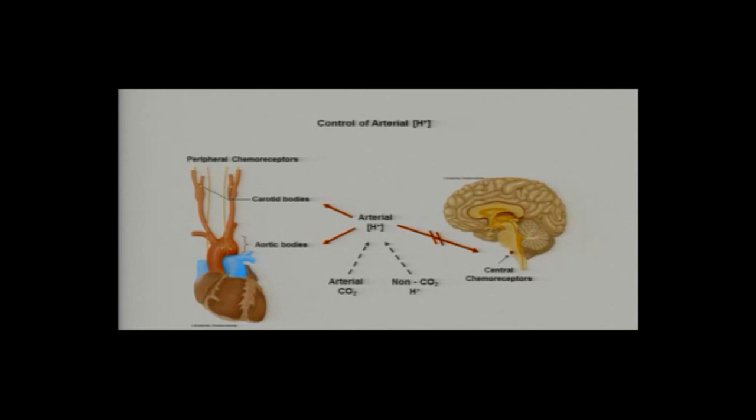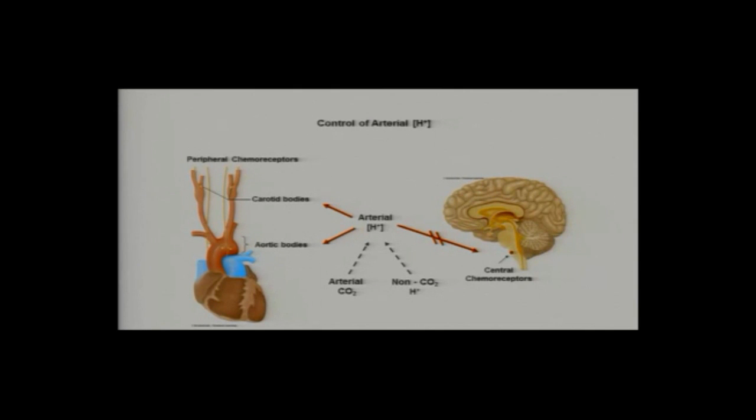So as CO2 levels rise, acidity is going to rise. But the other place that acidity comes from is non-CO2 derived, which is completely lumped into what we call metabolically derived acid. So the overall arterial pH is determined by the level of CO2-derived acid and non-CO2-derived acid.